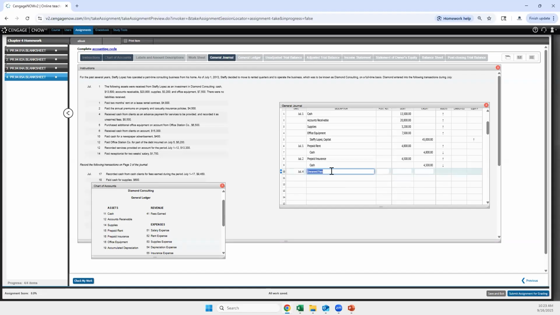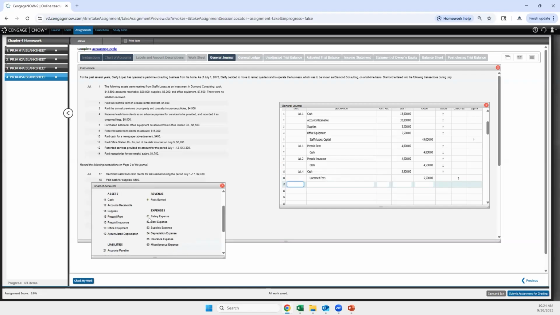We received cash, so that cash is going to be our debit of $5,500. And then unearned fees will be our credit. And a credit always has to be below our debit. And we can check our chart of accounts. Under liabilities, we do have unearned fees as a liability account.